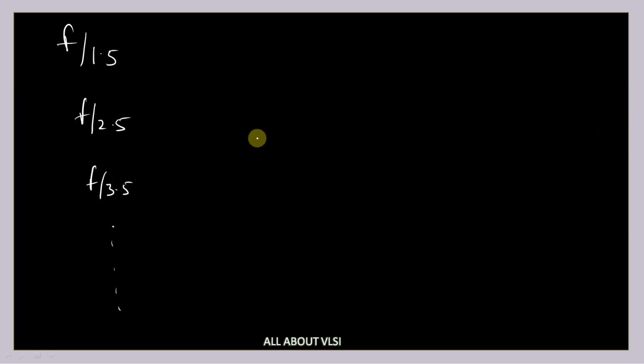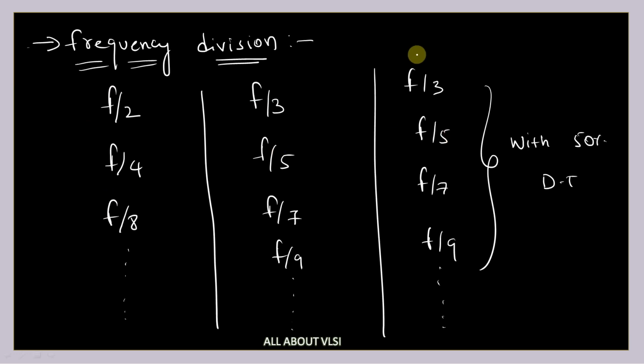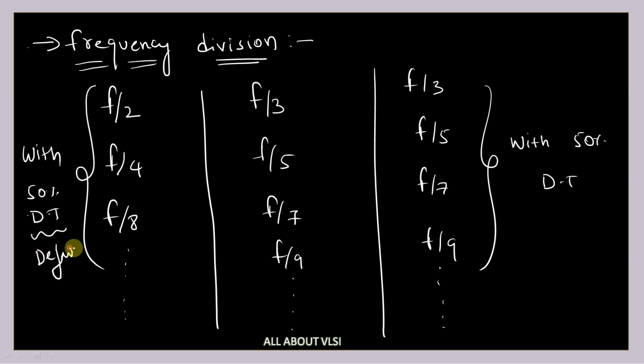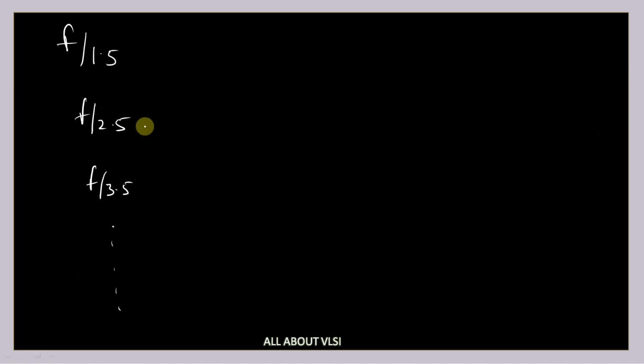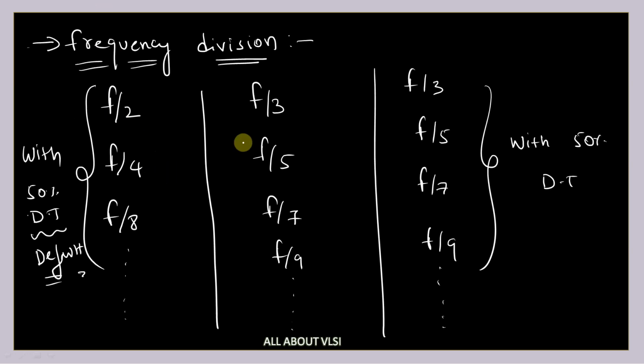Here we cannot achieve 50% duty cycle. The others are by default with 50% duty cycle. This is what we are going to discuss in frequency division.